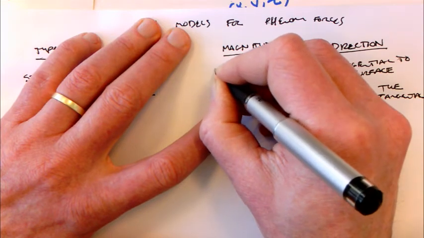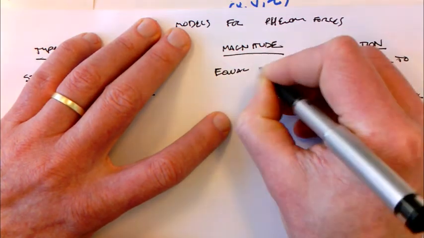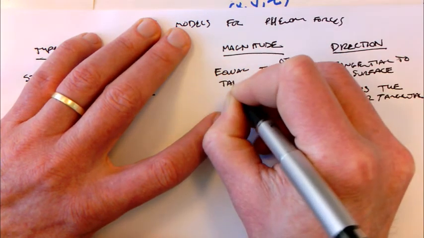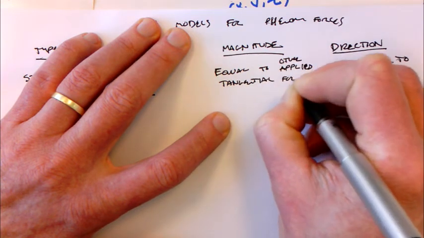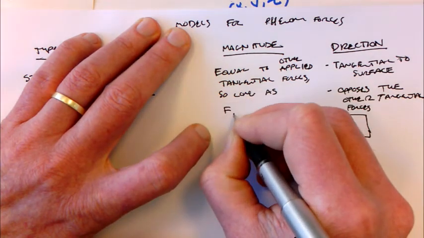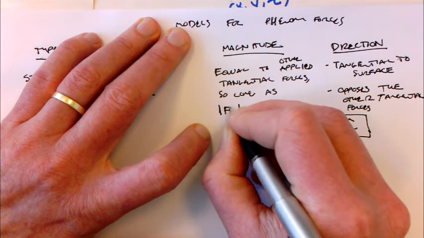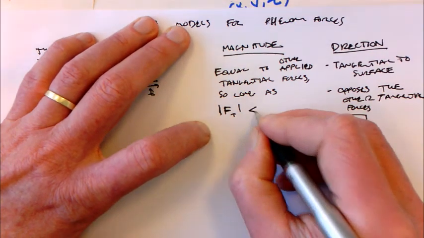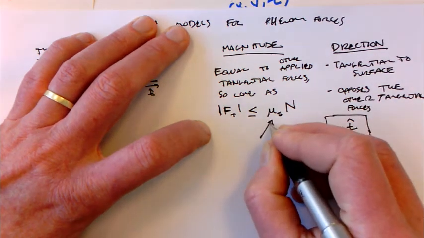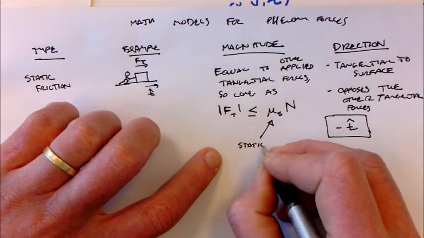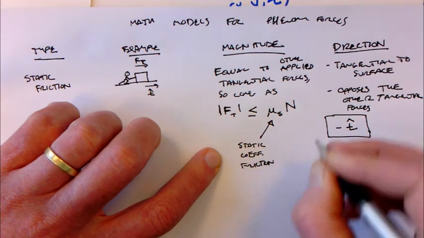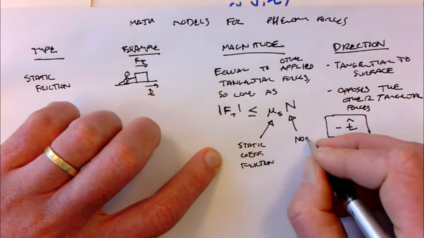It's equal to the other applied forces, so long as the magnitude of the total applied other forces is less than or equal to the static coefficient of friction times the normal force.